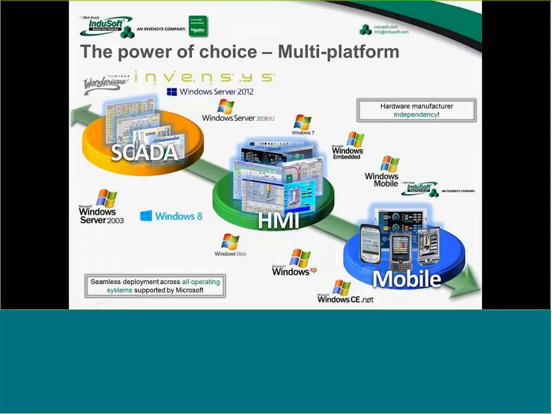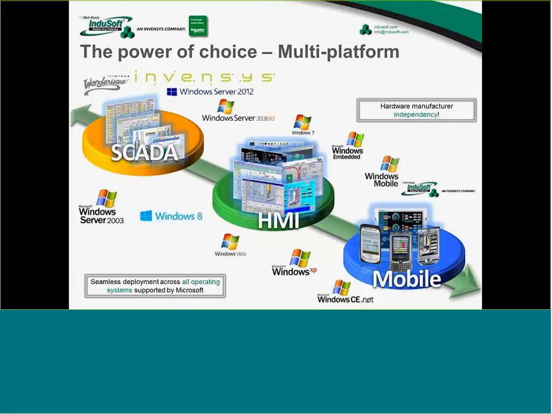Another scalable item is we've architected the product to think about this. For example, a number of years back when we were asked, hey, we like the InduSoft scripting language, but we want something that's a little bit more well-known and maybe some other resources available, we decided to add VBScript into the product. Why did we add VBScript? Well, unlike some of our competitors who chose some other scripting languages, VBScript will run on Windows CE.